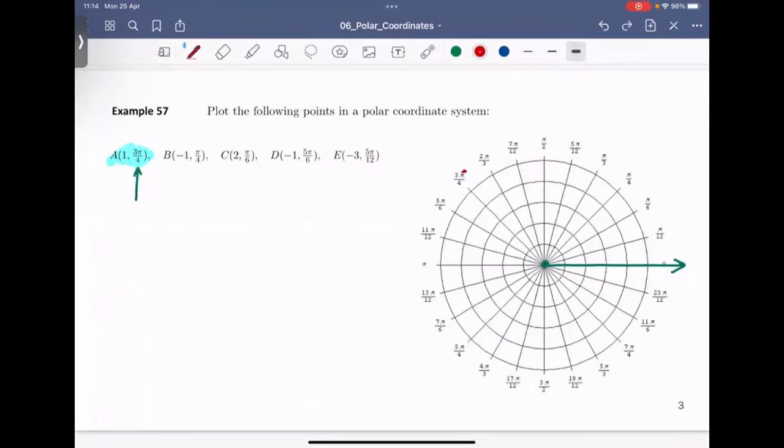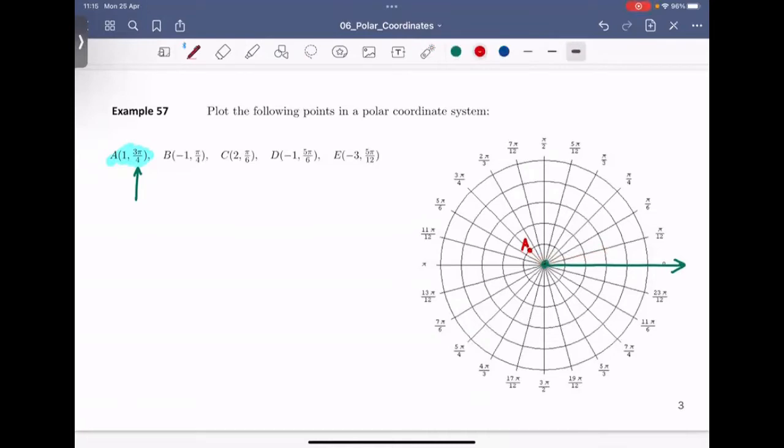From the pole here, you go 1 step forward, and then that's the point A. It's like this is the 0, and on the scale 1, 2, 3, this is just scale 1, so that is A.